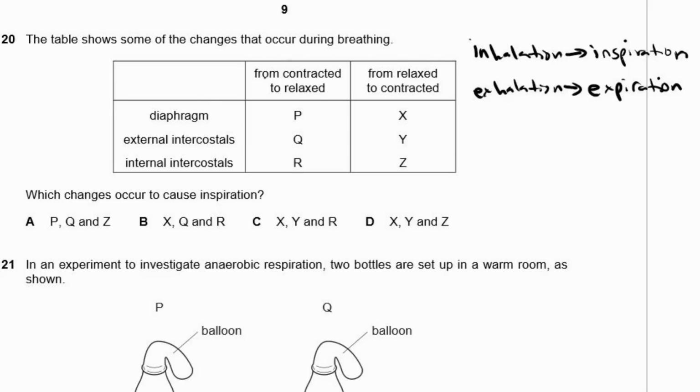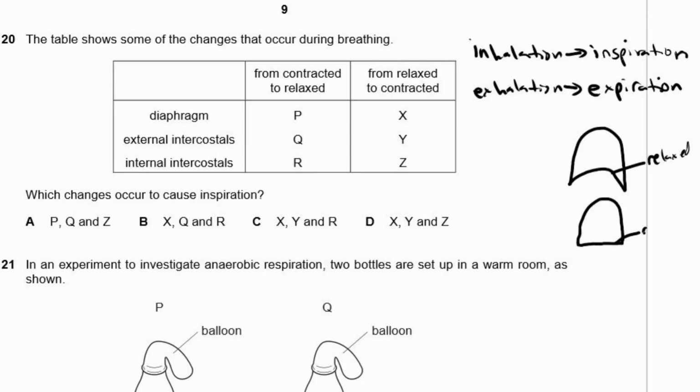Okay, so from contracted to relaxed, and this is from relaxed to contracted. Here's our pleural cavity with our lungs inside. When the diaphragm is relaxed, it is pulled up due to the air pressure being less. So this is relaxed. And when the diaphragm is contracted, it gets smaller. I'm trying to make about the same size pleural cavity, but it gets smaller, so that means it pulls down.